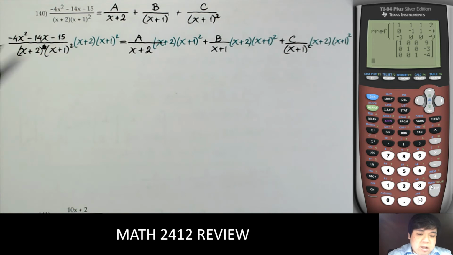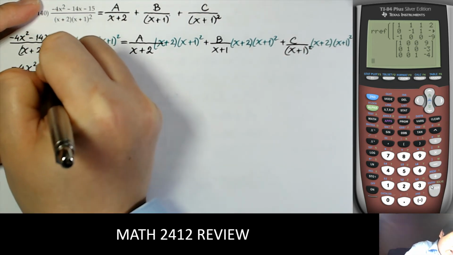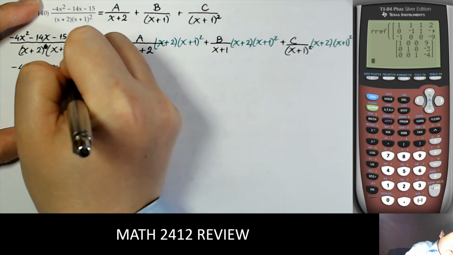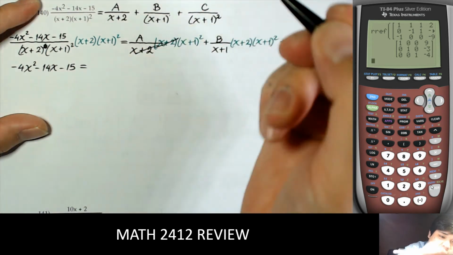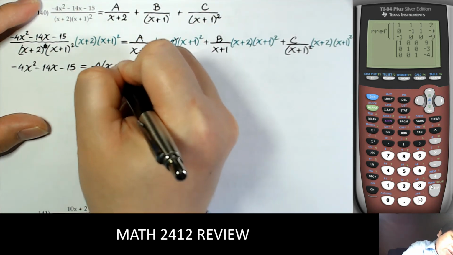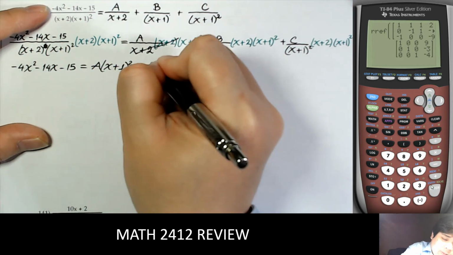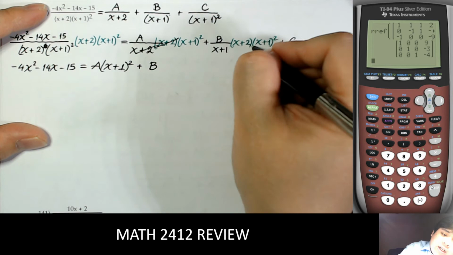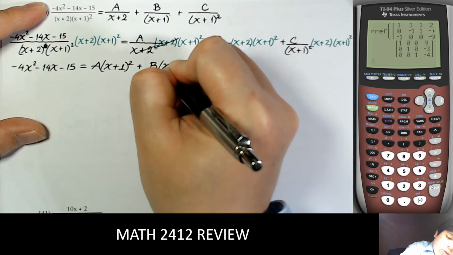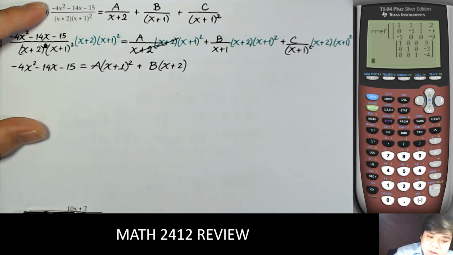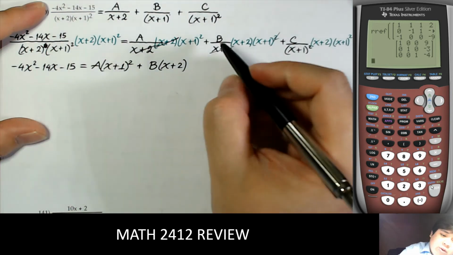Right, cancel out this. So we just have negative 4x squared, negative 14x, negative 15. Right, cancel out: a times x plus 1 square. For b, x plus 1 cancels out, we have b times x plus 2, x plus 1, only one of them cancels out.